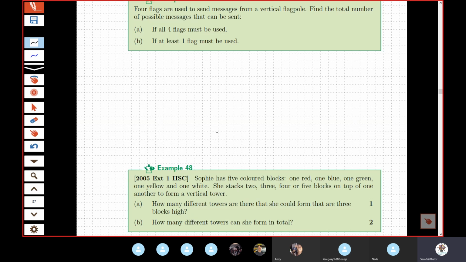Is that our position? This is at least 1.